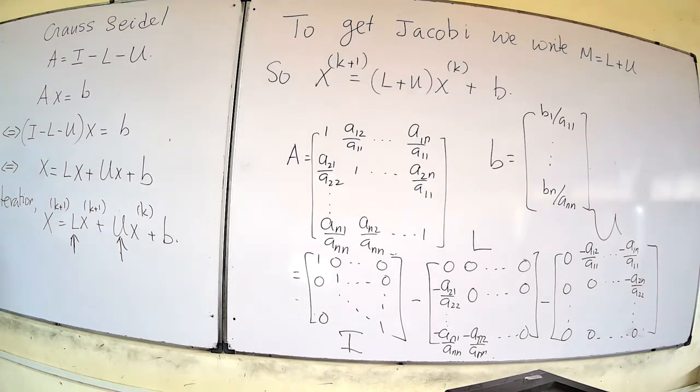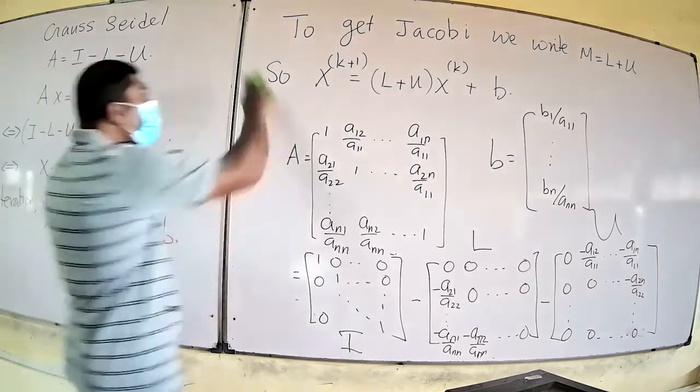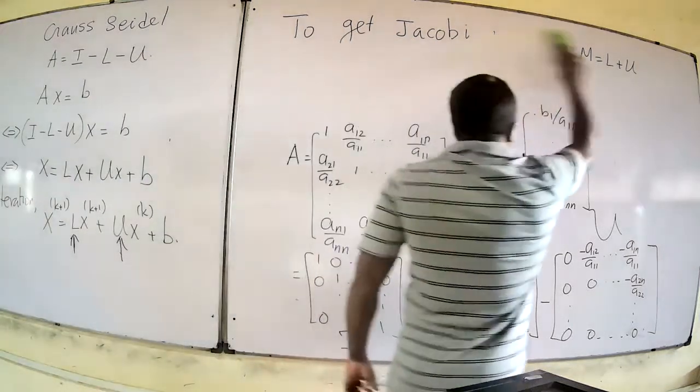So now you see that Jacobi and Gauss-Seidel have a general form: x(k+1) is equal to M x(k) plus b. So now we are going to see what conditions we need to prove the convergence of the results.